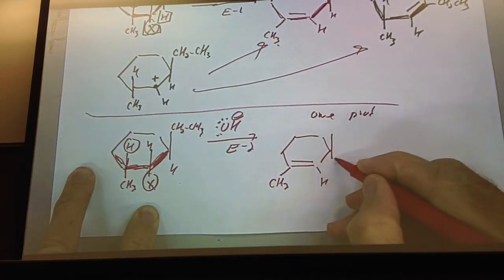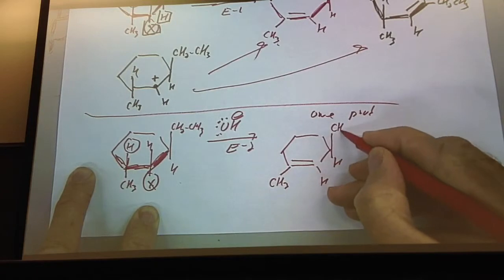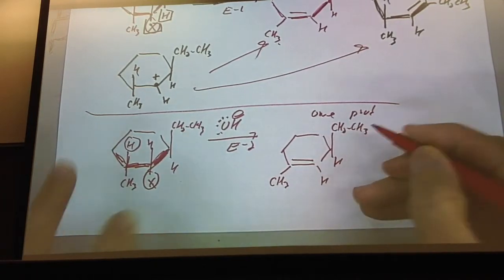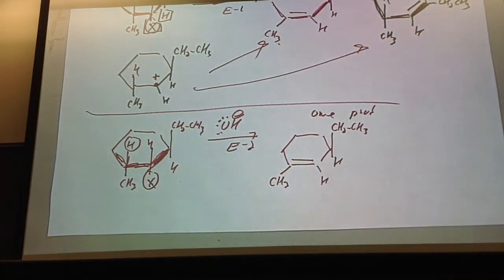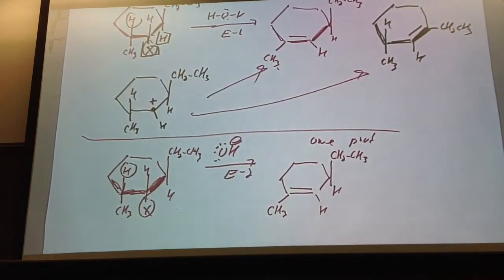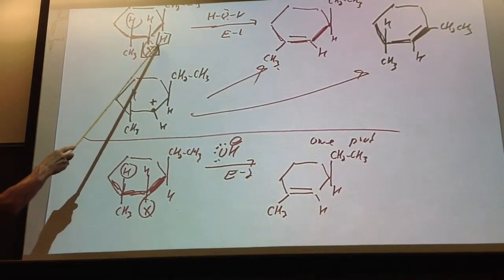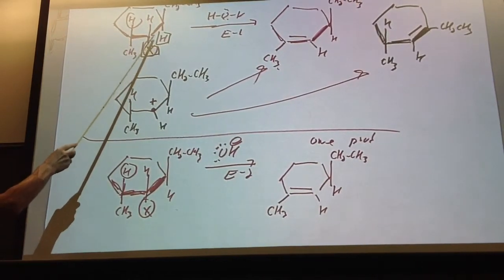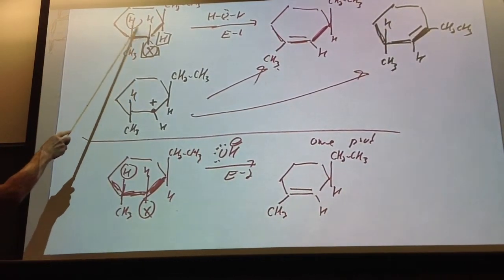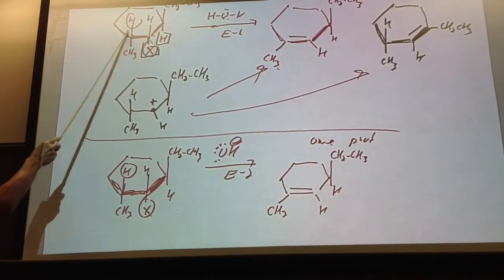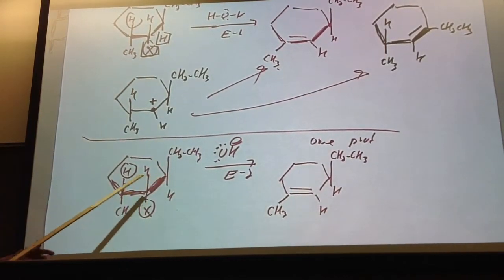You're not going to get two products. So keep that in mind. No restrictions on which directions these guys point in space for the E1 mechanism. They can both be pointed down, or one down, one up, it doesn't matter. These guys can leave, these guys can go. These are across from each other, these are the same side, it doesn't matter.